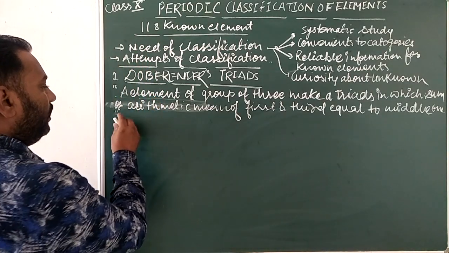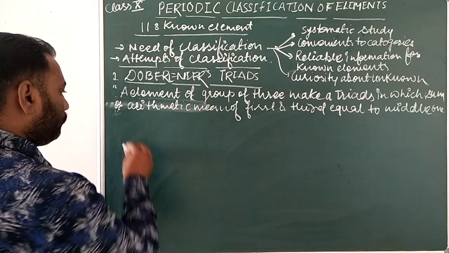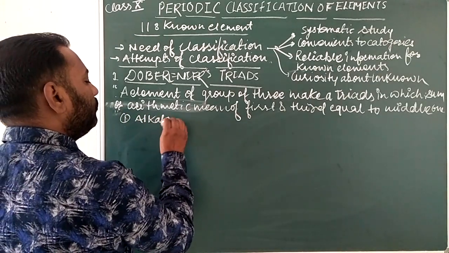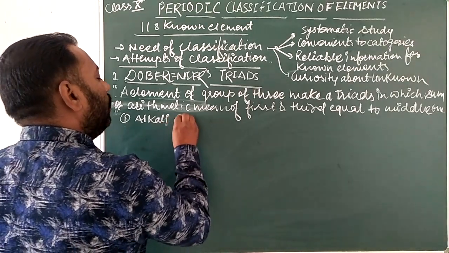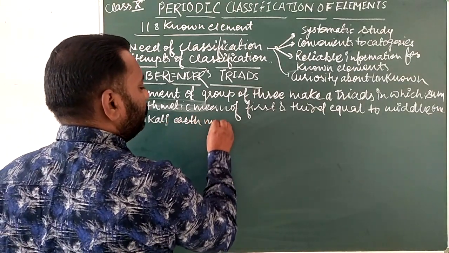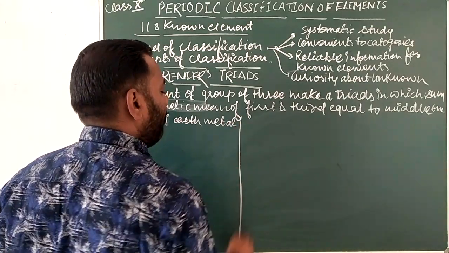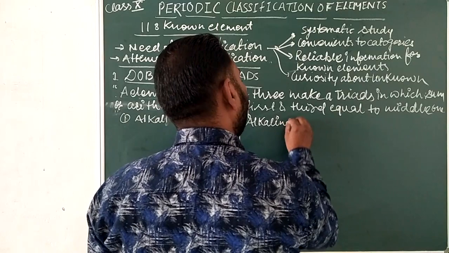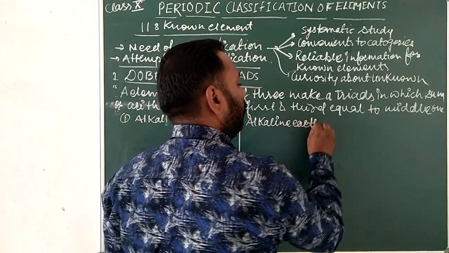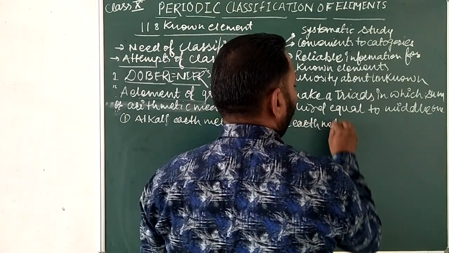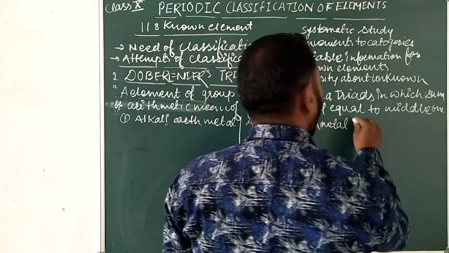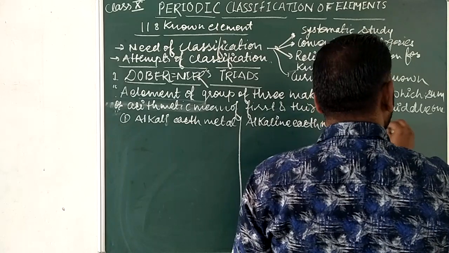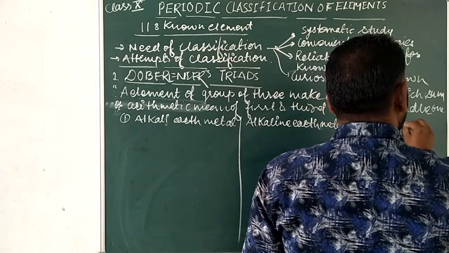For that they classified some groups. First is alkali metals, second is alkaline earth metals, and third one is the halogen family.